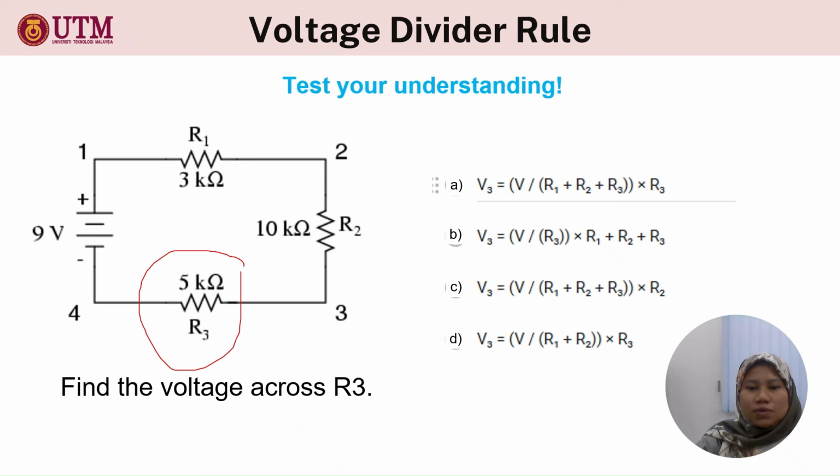A, B, C, D. Which one? You need to know first. And then after you know the equation, you need to put in all the values here. So R1 is what, R2 is what, and then V is what? V is the voltage supply. And then you can directly find the answer.